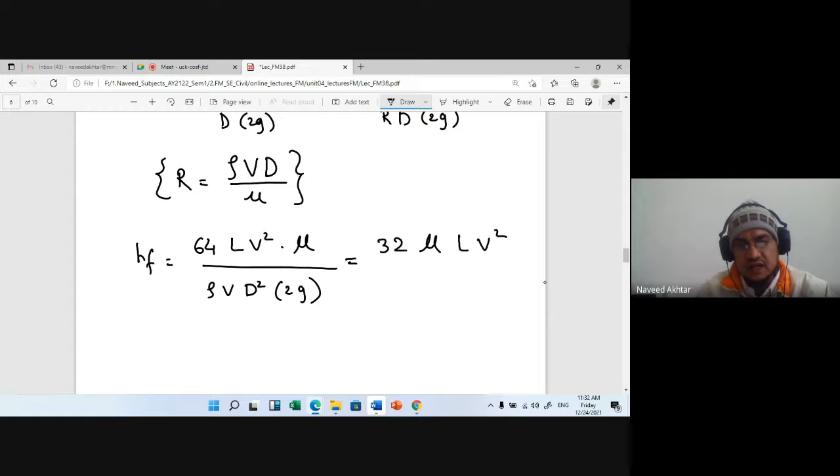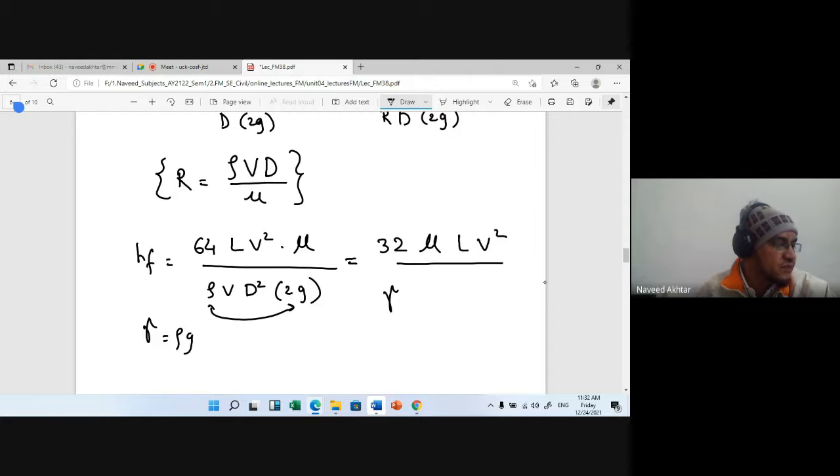LV square upon rho G. You know, this is rho and G is nothing but gamma. So you can write gamma D square. Because one V and one V will be cancelled, this will not be V square, it will be V only.